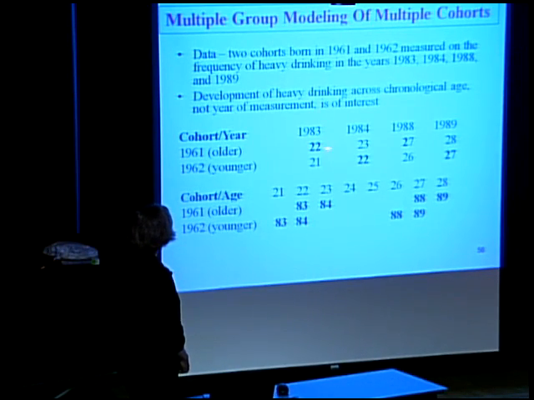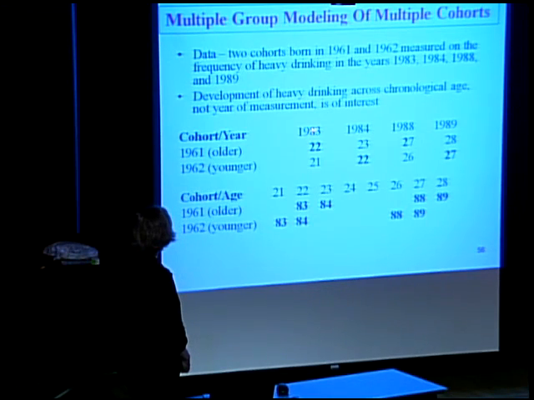Now, if we look here, we see that age 22 is represented in both of the cohorts, as is age 27. The other ages are only represented in one cohort. Now, if you instead use age as the x-axis, the ages 21, 22 through 28, then we can say which cohort provides information.